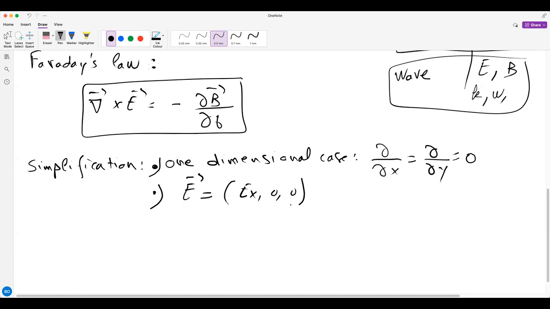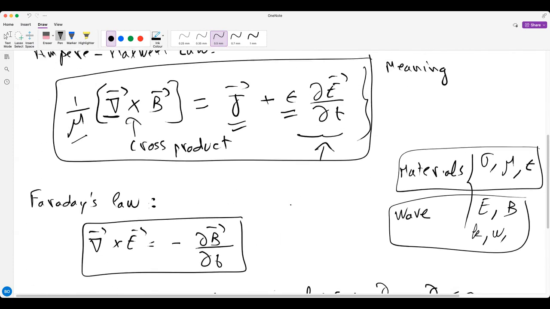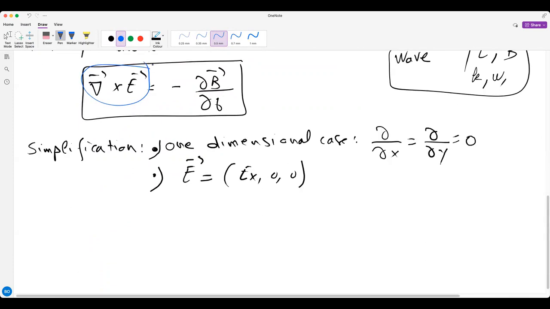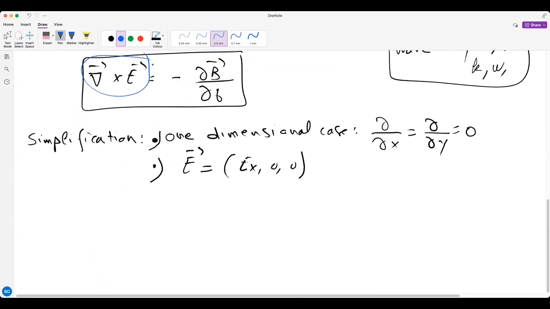Now what do I want to do? I want to calculate this quantity and this quantity. The first quantity will be nabla cross E. As I mentioned, nabla cross E is equal to the determinant with unit vectors ex, ey, ez.